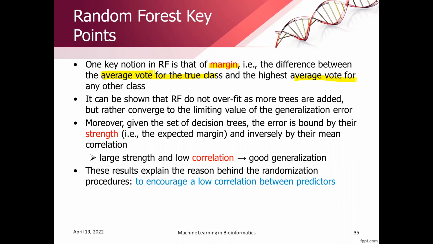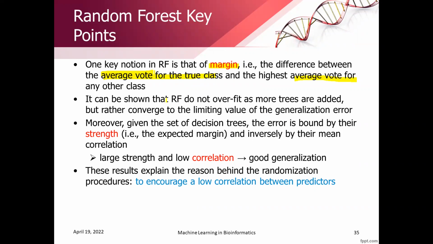If we change the cutoff, we obtain a classifier with different performance. And the difference between the average vote for the true class and the threshold at which we vote for another class is called margin.